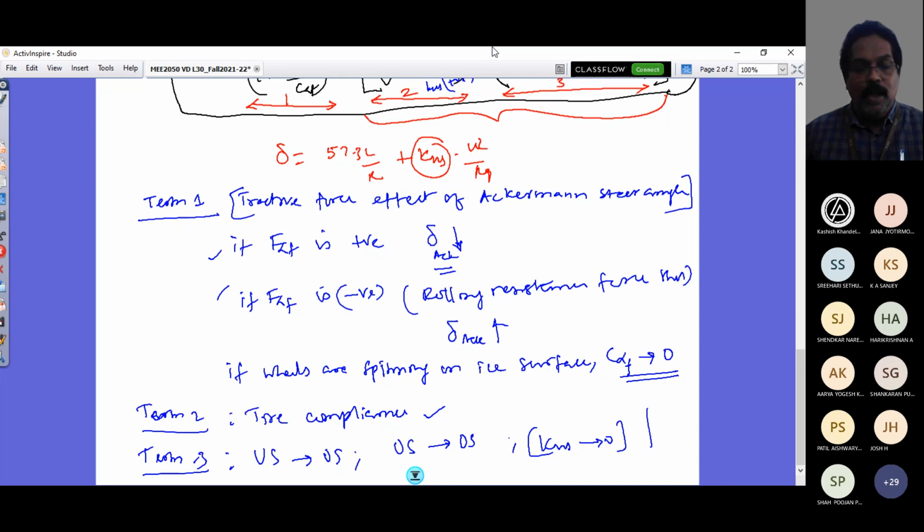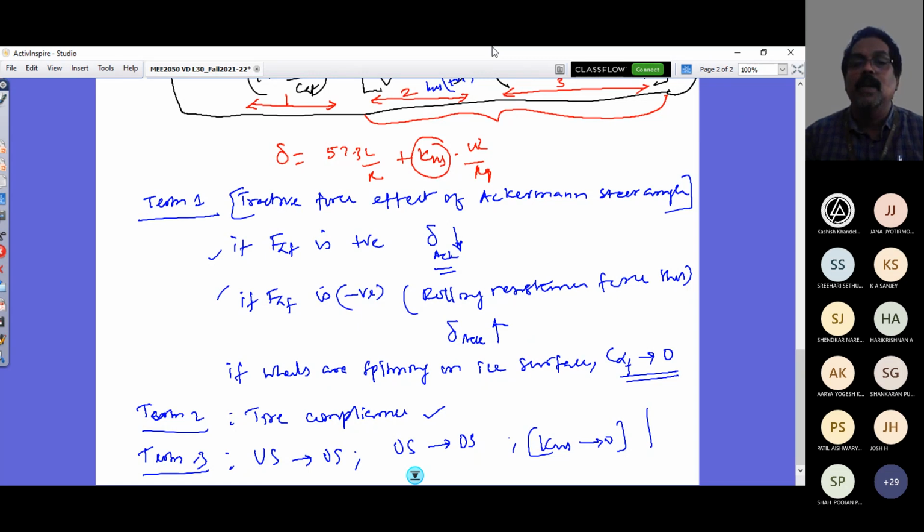Like that, in the list, there is something called lateral force compliant steer that comes from the bushes in the connections of your suspension. That would create a kind of lateral force, like the lateral force developed at the contact patch of tire and road interaction, called tire compliance. You also have bushes in the linkages for NVH purposes. That would have some lateral force, and that can also cause a kind of steer effect. That is what is called lateral force compliant steer.